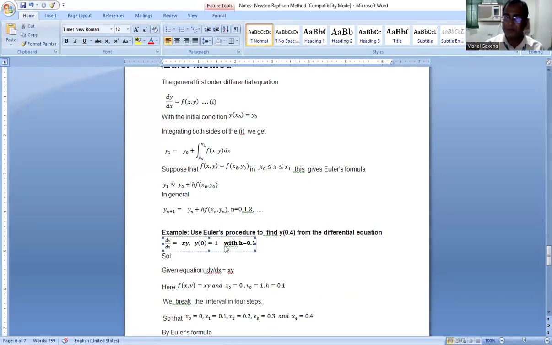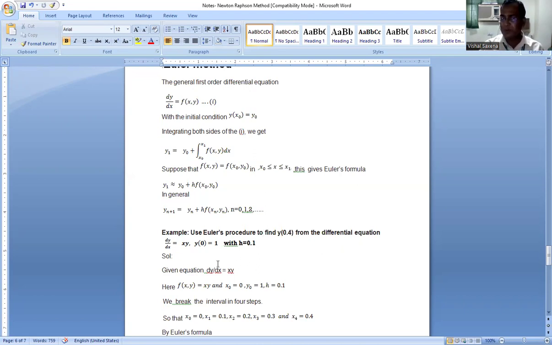Now, how do we apply Euler's method to problems? We see this in an example. The question is: use Euler's method to find y at 0.4. That means for the value of x equal to 0.4, we have to find the value of y, for the differential equation dy by dx equals xy, and the boundary condition is given that y naught equals 1.